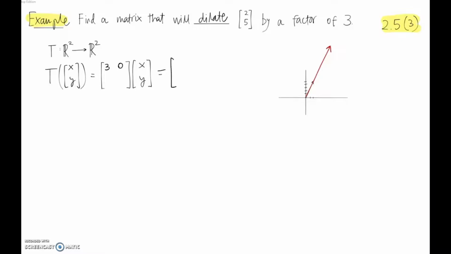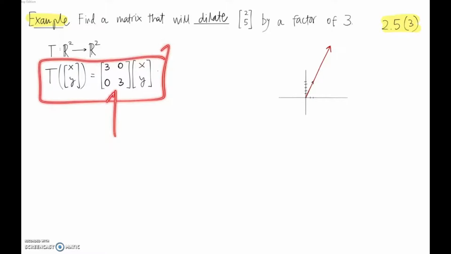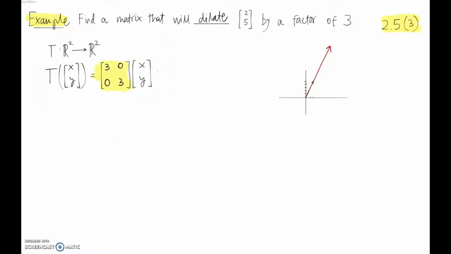That would give us 3x. And we want y to grow by a factor of 3, but nothing to do with x this time. And that would give us the 3y that we need. Perfect. Okay, so this is actually the transformation. I was just kind of scratching that out. But the real answer, the thing that they're asking for, is this guy right here, and essentially this matrix is the transformation. So this is the answer to the problem that they've given us.